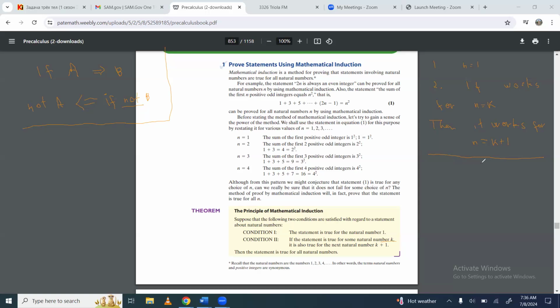So what they do is they say, what if this doesn't work? According to that process, if this doesn't work, how can I relate it with that one? Not working for k plus 1. I have a hard time, I need to practice writing those words.